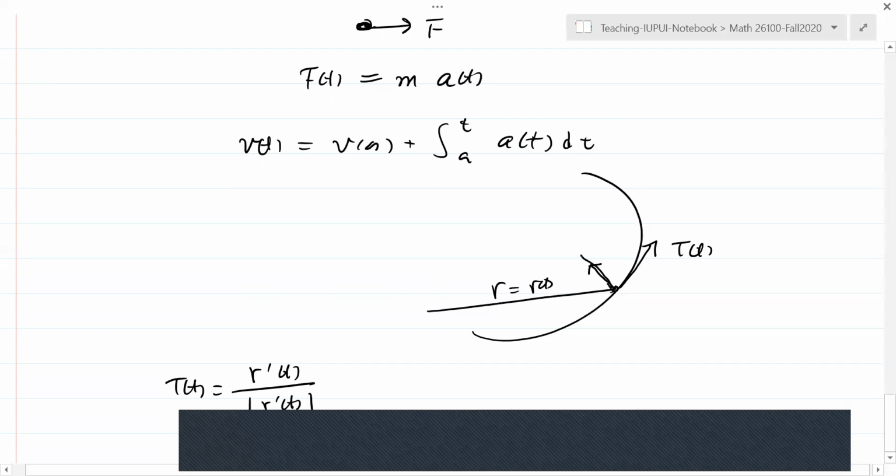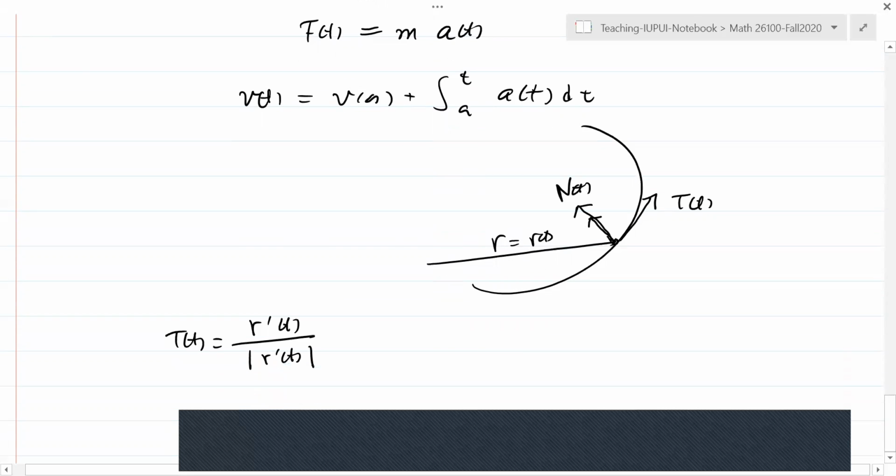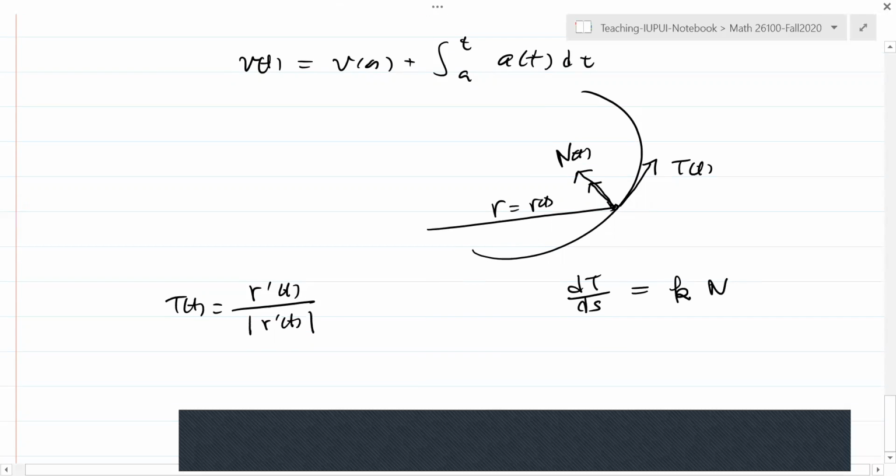Then you get the normal vector. It's not easy to get a normal vector, but I know there is one. If it's parameterized by arc length s, then the derivative of the tangent vector with respect to s is the curvature times the normal vector. That's a formula.